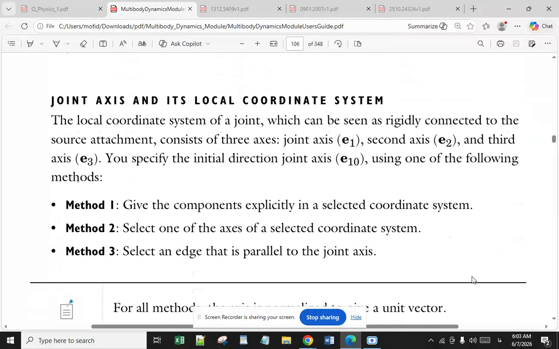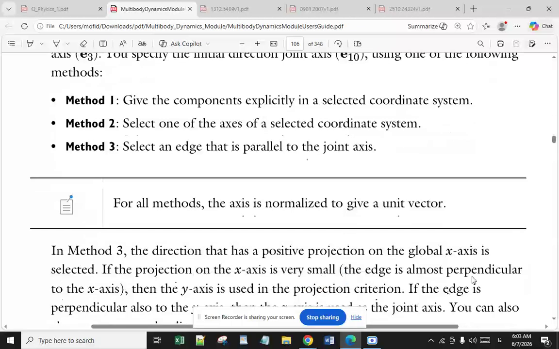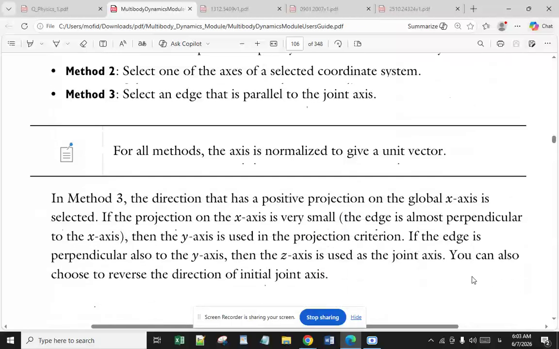You specify the initial direction of the joint axis using one of the following methods. Method 1: give the components explicitly in a selected coordinate system. Method 2: select one of the axes of a selected coordinate system. Method 3: select an edge that is parallel to the joint axis. For all methods, the axis is normalized to give a unit vector.